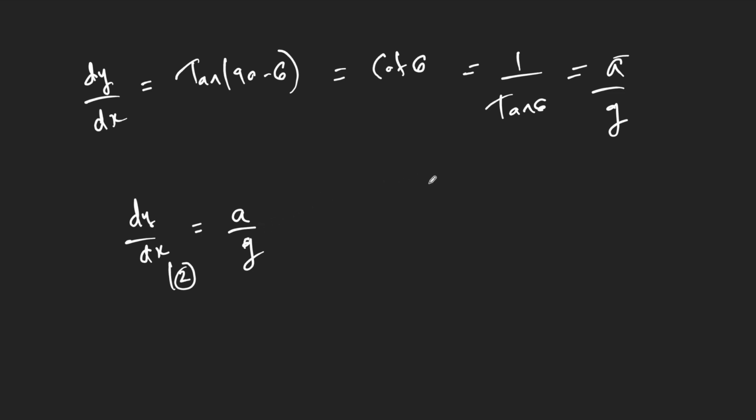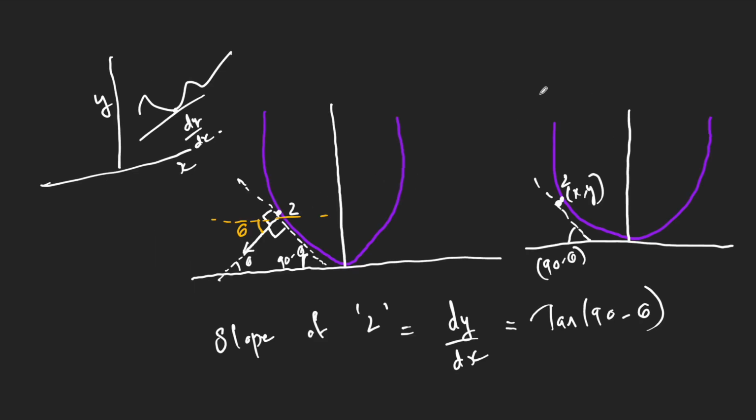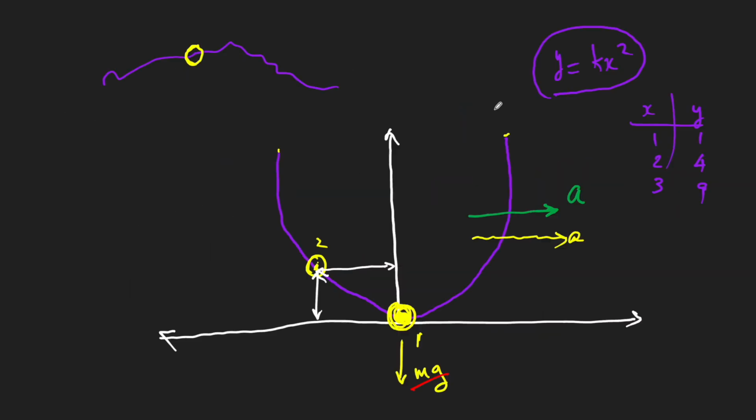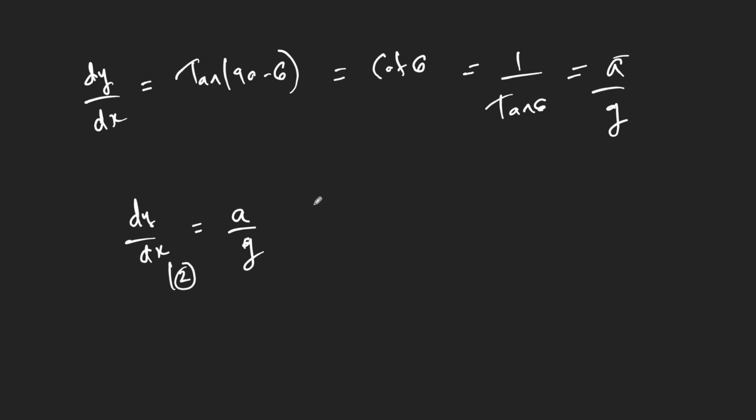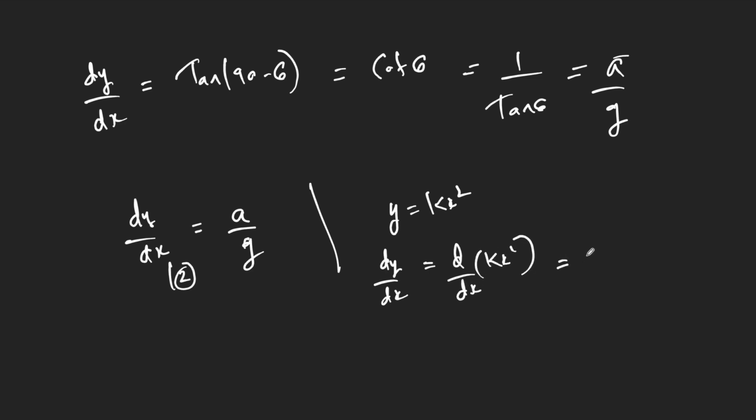Okay, but what is the equation for this curve? We know this curve is y equal to kx squared, right? So what must be dy by dx? We know y equal to kx squared, so dy by dx is equal to d by dx of kx squared, that means 2kx.